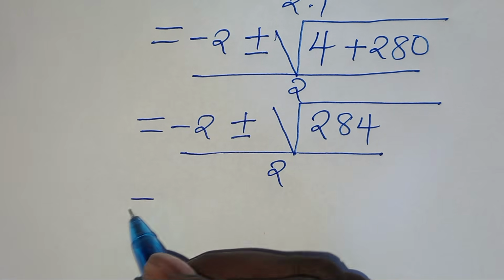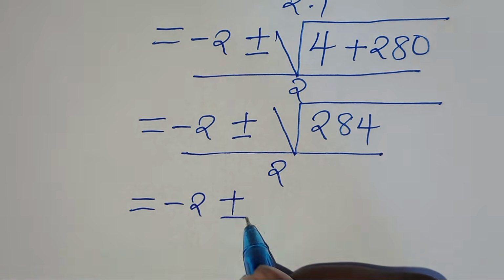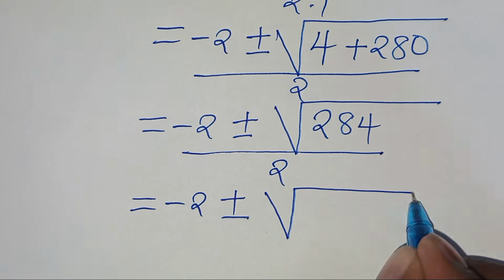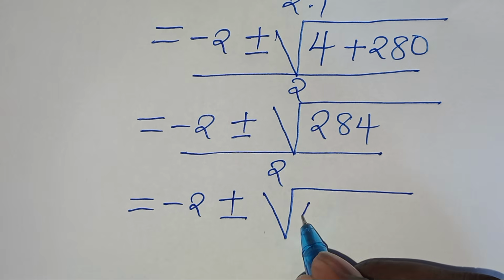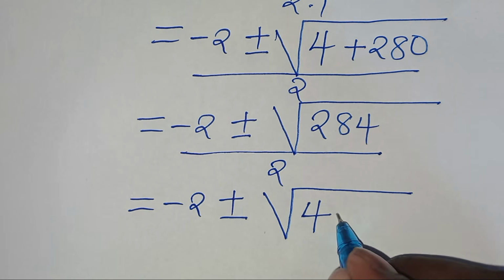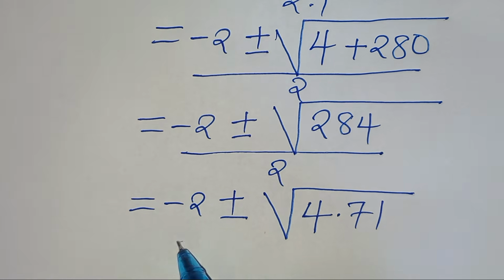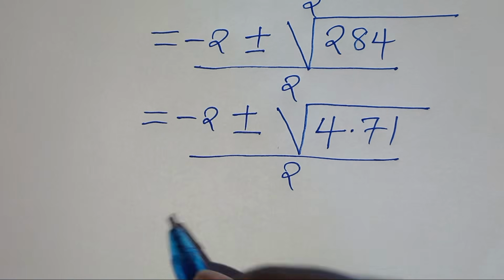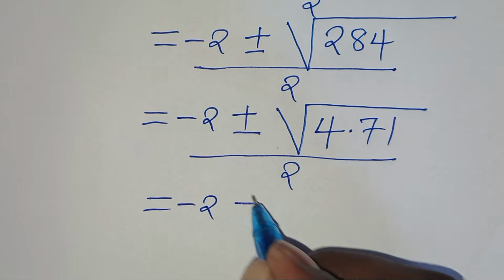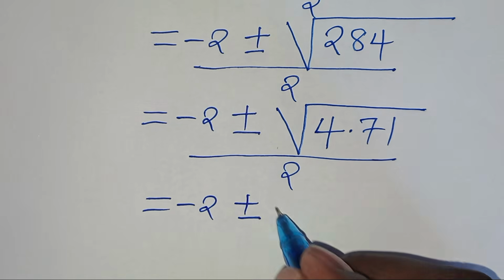So this implies that we have negative 2 plus or minus. We can express the square root of 284. This is the same thing as the square root of 4 multiplied by 71 divided by 2. Now, this implies that we have negative 2 plus or minus the square root of 4. This is 2.